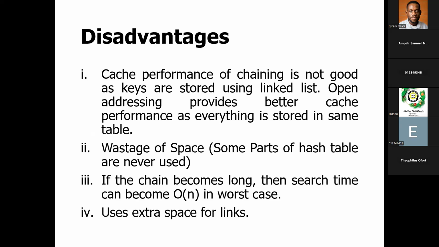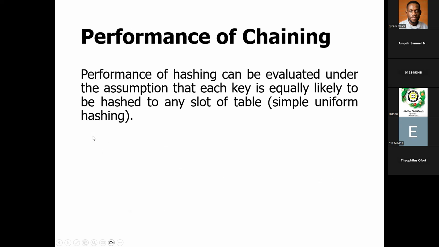If the chain becomes long, then the search becomes O(n) in its worst case. And then it uses extra space for links, so this can even be linked to the second disadvantage.